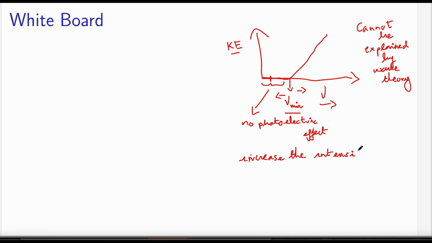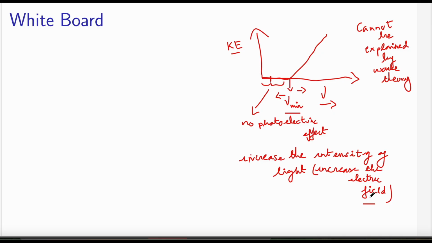If I increase the intensity of light, that means increase the electric field, because light is an electromagnetic wave. So even in this frequency range, even if you increase the intensity of light, that is, increase the electric field associated with the light, there will be no photo emission.